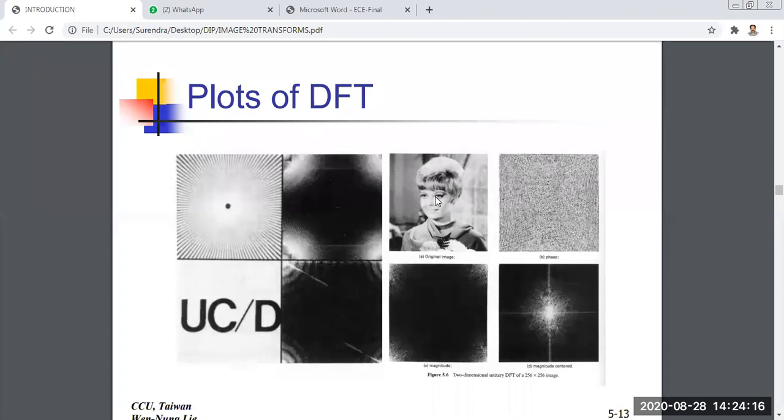There is a woman. Remember, here there are 8 images. The first 4 are the first example, the second 4 are the second example. In the second example, small a indicates the original image, small b indicates the phase image, small c indicates the magnitude, and the third one is the magnitude contrast.